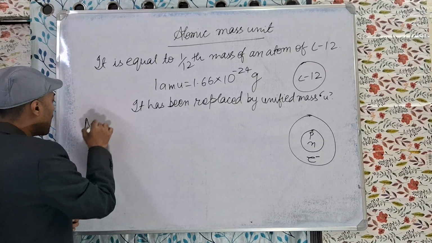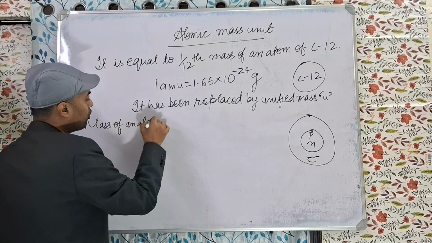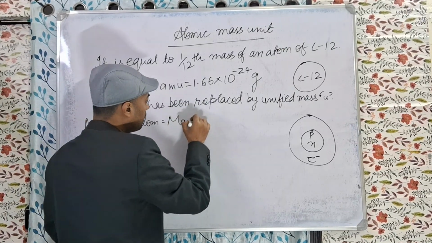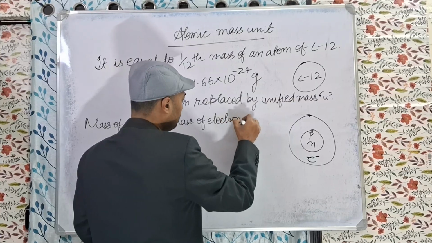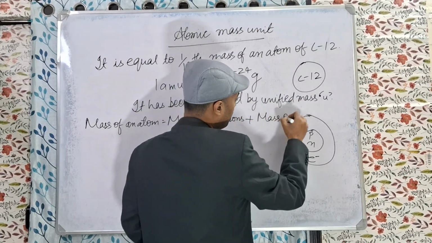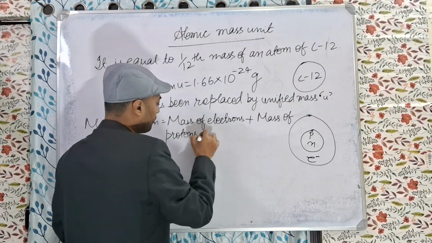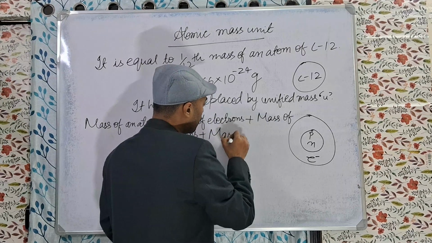Mass of an atom is equal to mass of electrons plus mass of protons plus mass of neutrons.